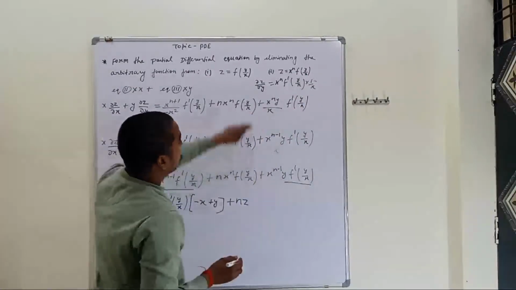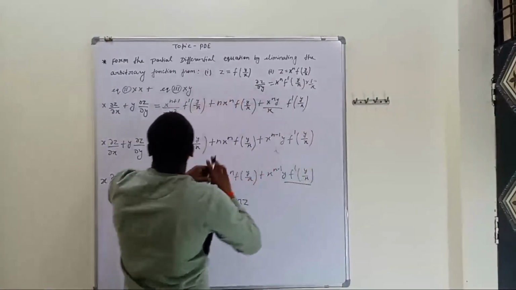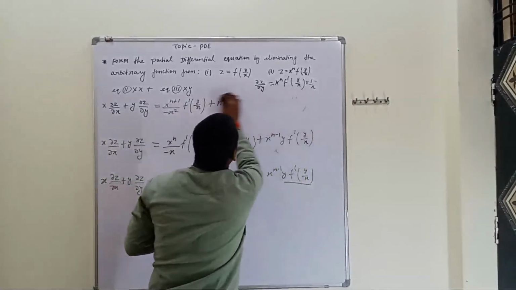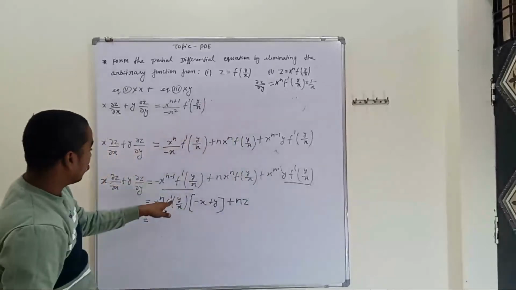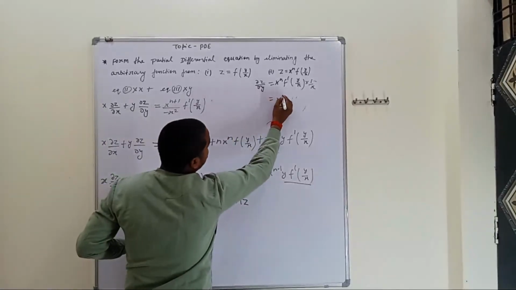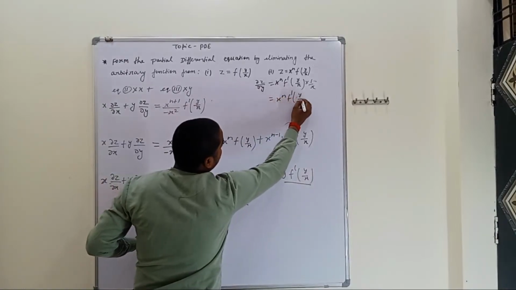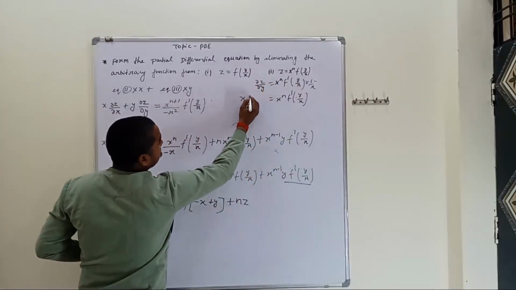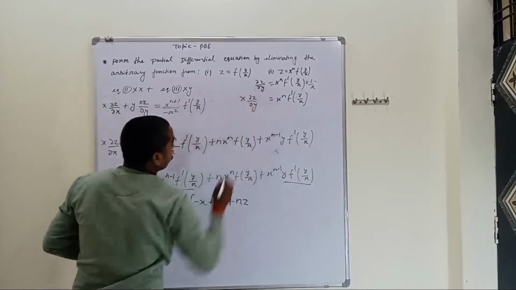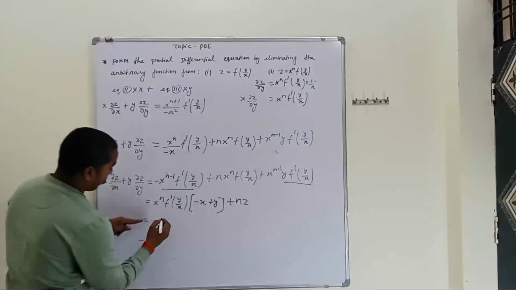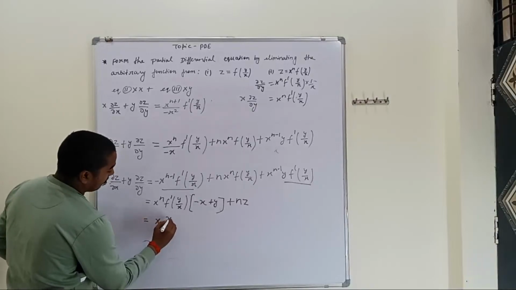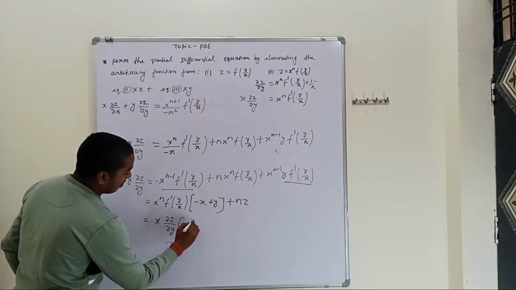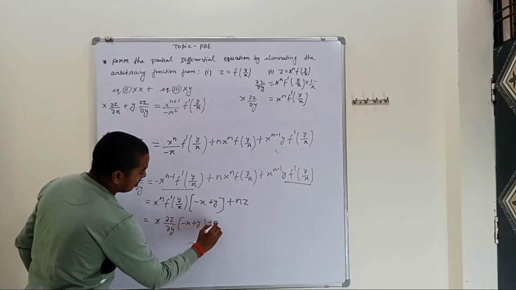So taking the value from here, x^n f dash y by x, and with cross multiplication with x del z upon del y, putting the value here, that is x del z upon del y into minus x plus y plus nz.